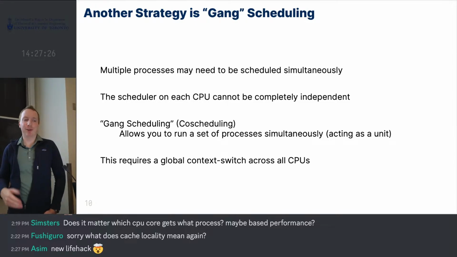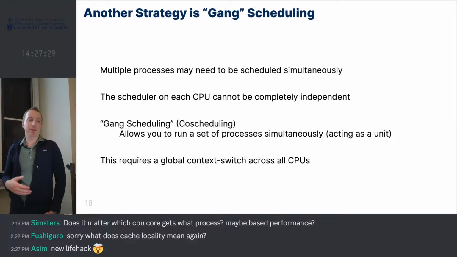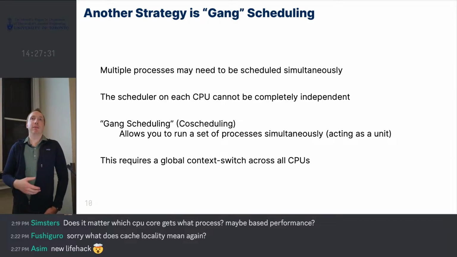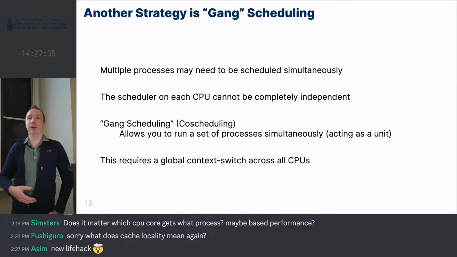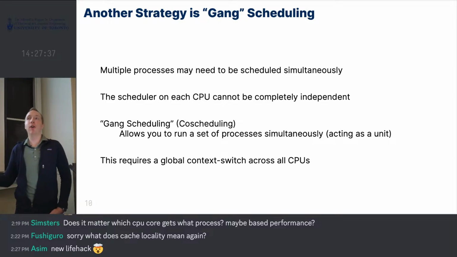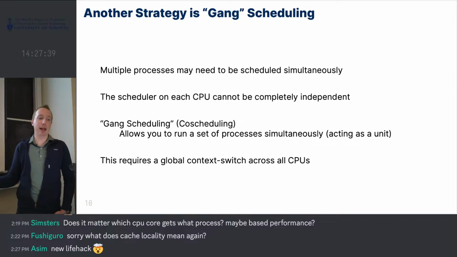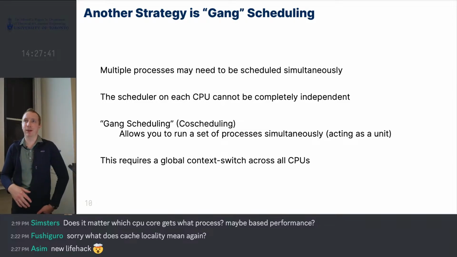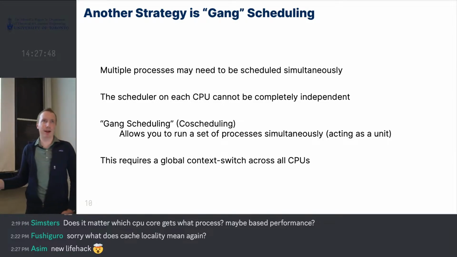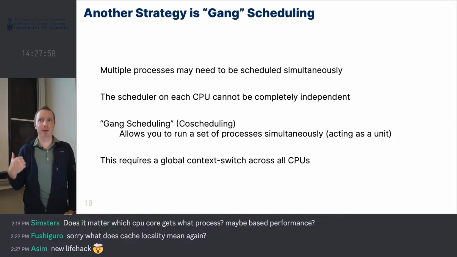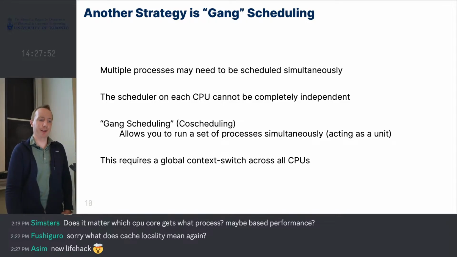And the scheduler cannot just schedule a CPU completely independently. They all have to be scheduled as a gang or co-scheduled, which basically just says that you have to context switch all these processes on all the CPUs at the same time. They're basically scheduled as one big unit. So it requires a context switch across all the CPUs at the same time. But for this course, we don't have to deal with something like this. It's just a fun fact.